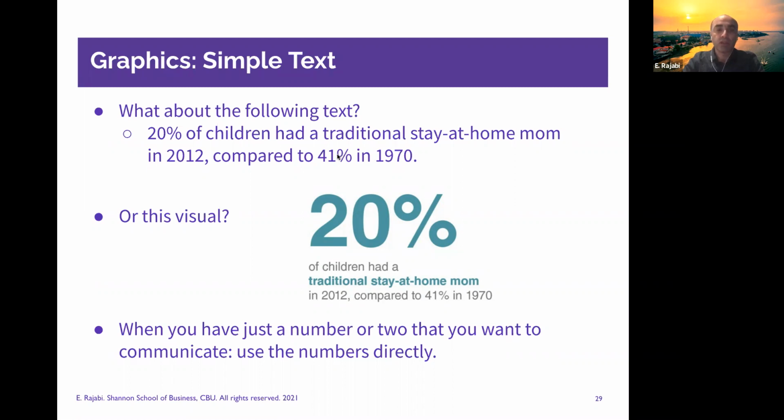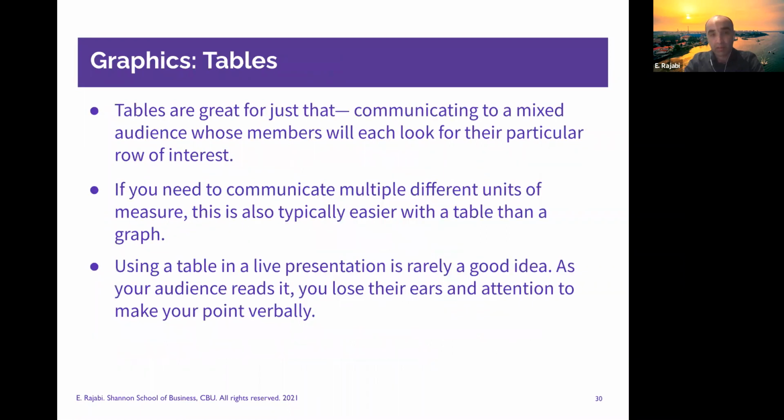But the simple thing that you can do is highlight the number that you want to show to the audience, and provide a simple text below the number. When you have just a number or two that you want to communicate with the audience, use just the number or text directly.